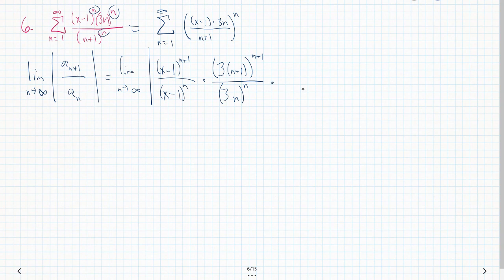And then we have n plus 1 raised to the nth power. Notice that denominator will come on top now, because the one where we actually add an extra one, the n plus 1 raised to the n plus 1, should appear right there.